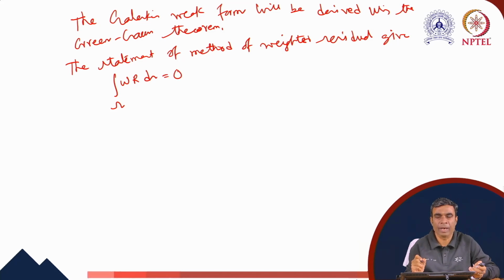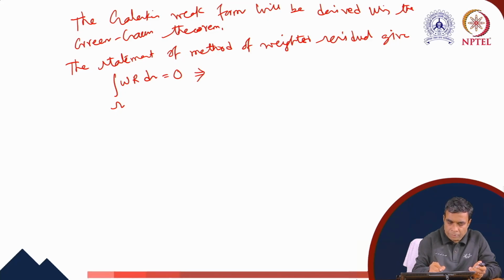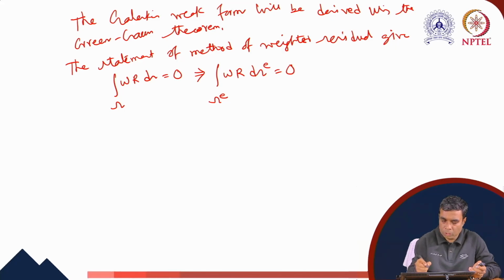Since the integral form is valid for finite elements, we consider an arbitrary finite element and then we derive the weak form on that arbitrary finite element. From here, we write the integral form at the element level. So this is omega e w r d omega e equals to 0.